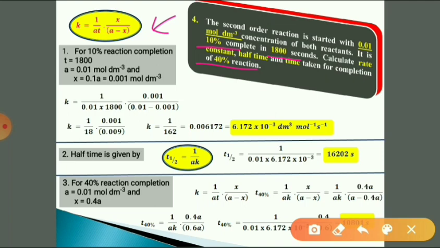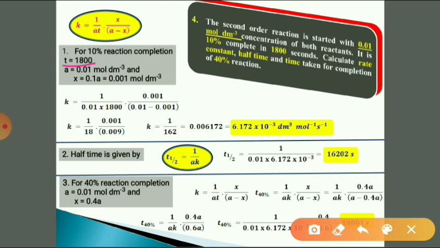Now let's see one by one. Here we have to calculate three different parts: the rate constant, half time, and time for the completion of 40% of the reaction. First, for the rate constant, we consider the time for the completion of 10% of the reaction, that is 1800 seconds.